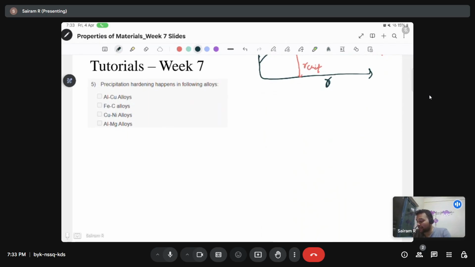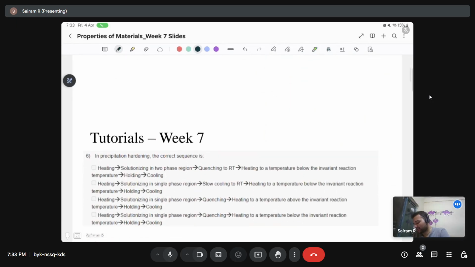Precipitation hardening happens in the following alloys. In most heat treatable aluminum alloys, we can definitely find precipitation hardening happening. So aluminum copper alloys, aluminum magnesium alloys, these two definitely follow precipitation hardening mechanisms.